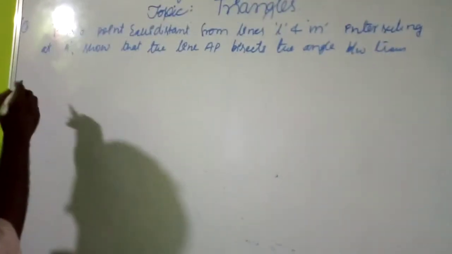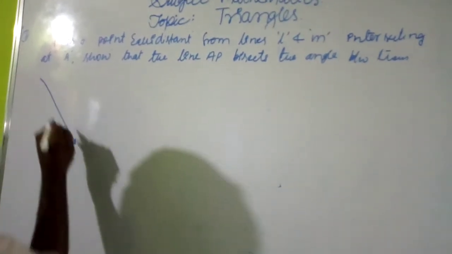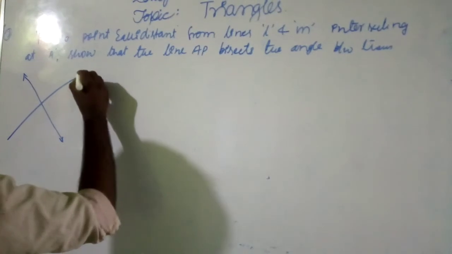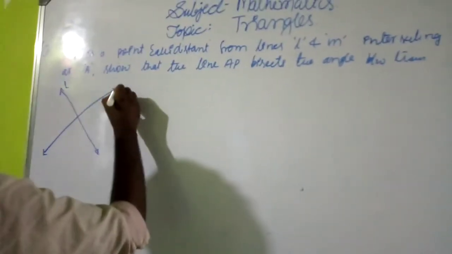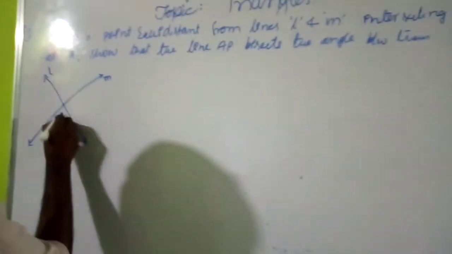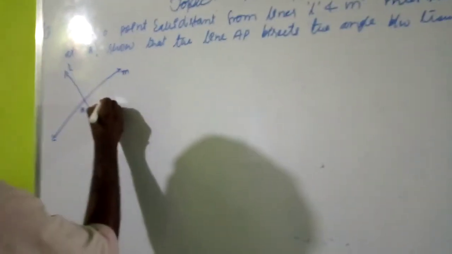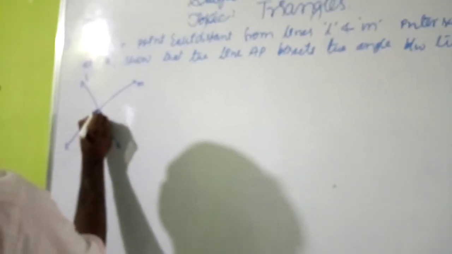From this, we are very clear. Two lines are given, which are intersecting at a point A. One is L, another one is M. So here is the point A, where they intersect. A point P is equidistant from them. Then draw a line through this point.